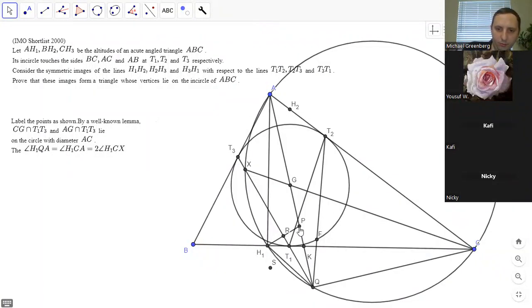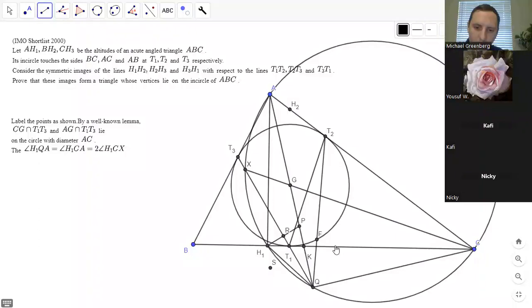And if that's true, then F is the reflection of T1 over the angle bisector, and it's the same for the other points, which implies the reflection of T3 and T2 over the angle bisector also lies on the incircle.